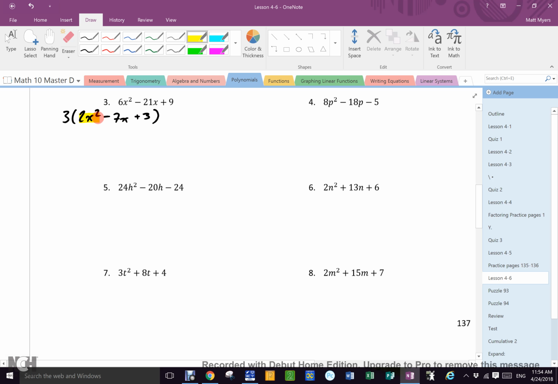Now I can factor that part with whomever's method I like. I can use mine, or I can use Mr. Deweydoff's. Number 5, you had to take out a 4, and you were left with 6h squared minus 5h minus 6. And then you would factor that, choosing whomever's method you liked. Otherwise, the other 4 on this page are normal.